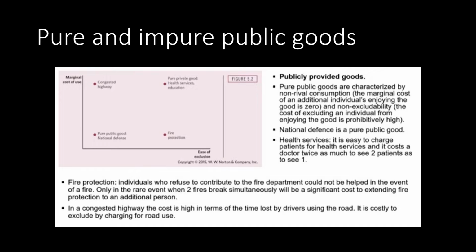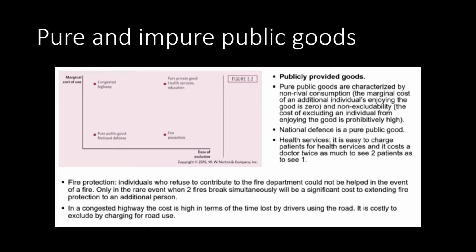That is, the fire protector can say, no, I'm not going to help that person because the person didn't pay for fire protection. And yet the marginal cost of use is low. That means the marginal cost of an additional individual enjoying the good is zero. Like helping someone is really zero, like stopping the fire, because you know that fire will also affect other people.